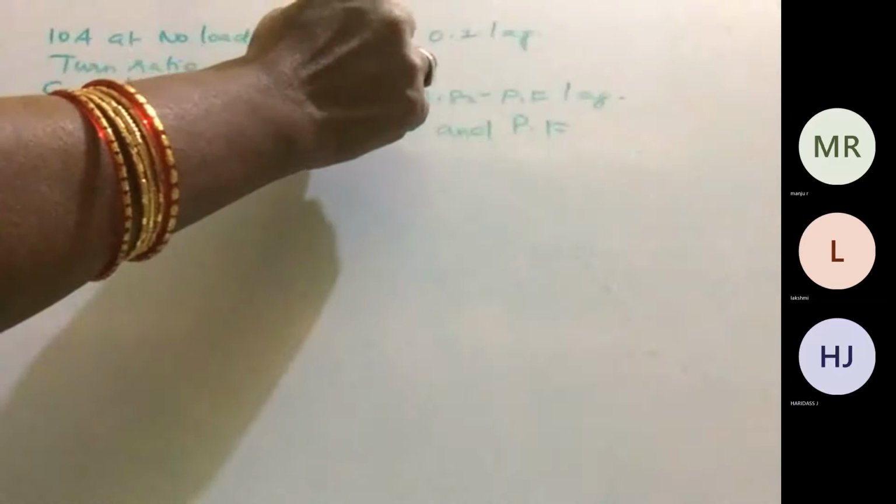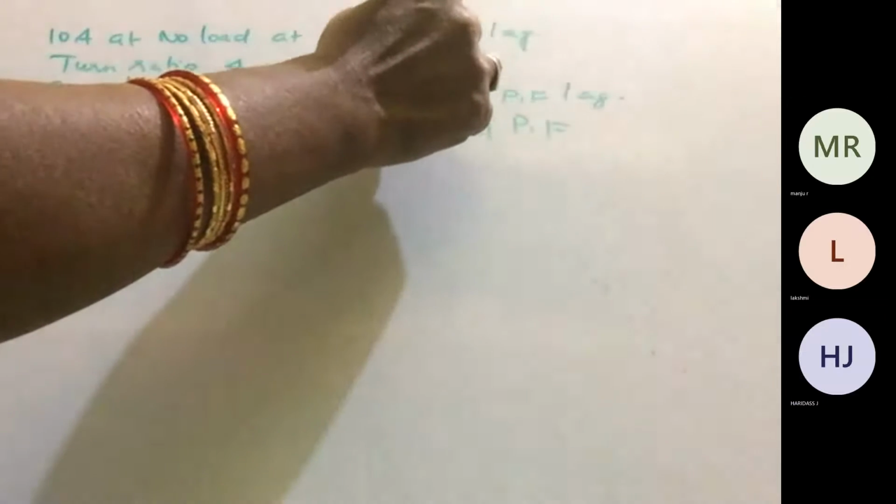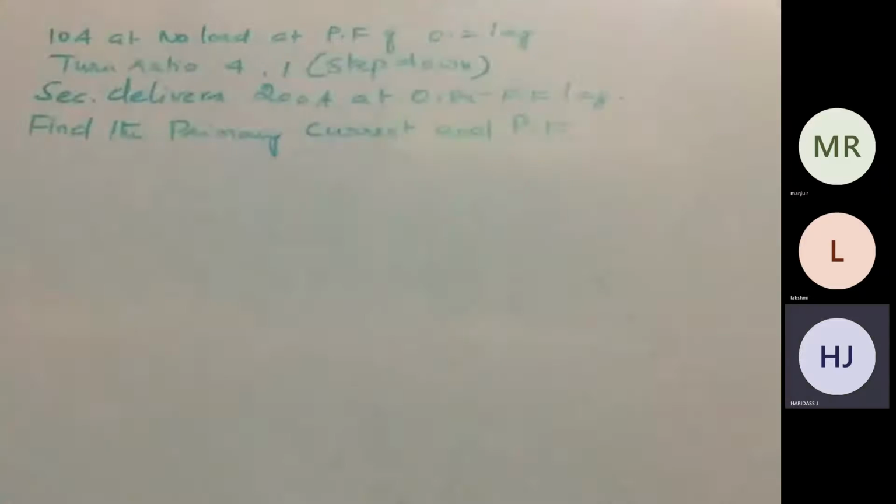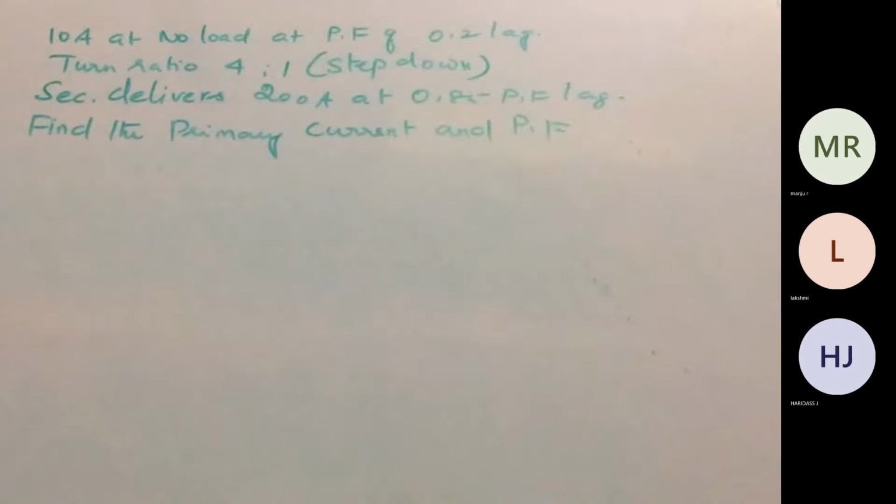So this will be step down. Turns ratio 4:1 is given, step down. Okay, what are the data given? 10 amps at no load at power factor of 0.2 lagging, which represents what current?